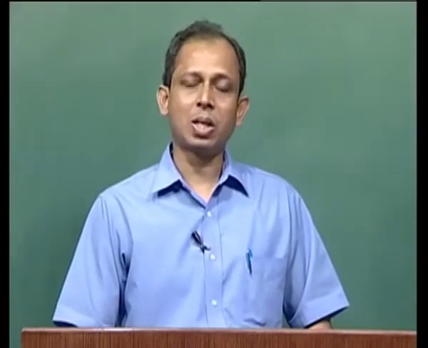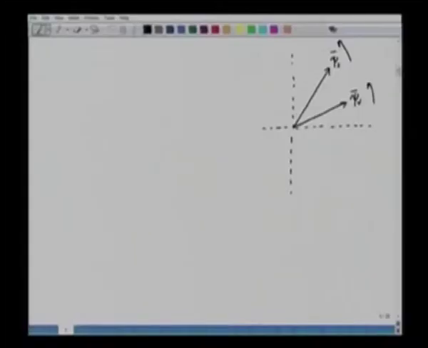In the induction machine they are not permanent magnets; they are electromagnets generated by the currents, and both are rotating at synchronous speed. Maybe we can call this omega E and omega E respectively, and the relative velocity between them will be equal to 0.